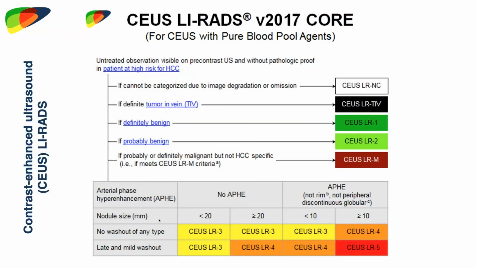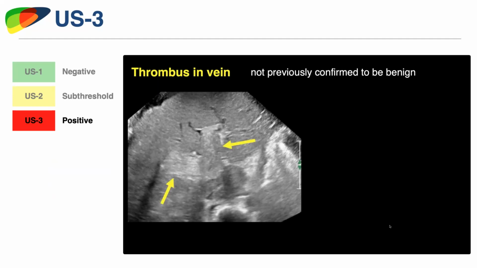But as the core algorithm shows here, we can get down to a LI-RADS 5, and that carries the exact same management recommendations and outcomes as a LI-RADS 5 in the CT and MRI algorithm. So we could definitively tell this patient they had HCC, definitively tell the hepatologist that they have HCC, and then this would expedite the patient's workup, getting through clinic and getting to definitive treatment.